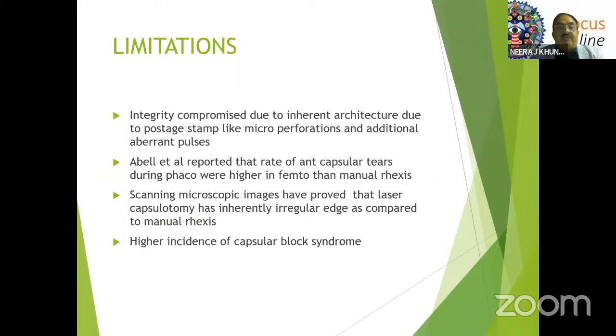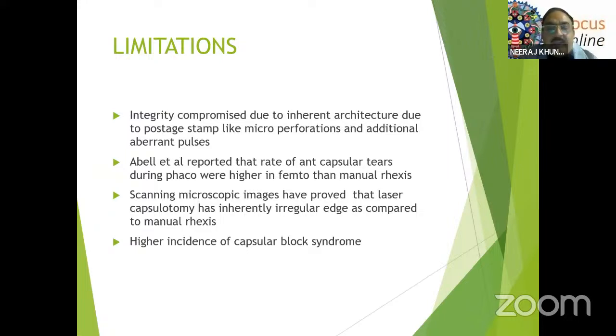The limitations of femto are, as I already said, that the integrity is compromised due to inherent architecture, due to postage stamp like micro perforations, because here it is the laser pulses which are making the perforation.